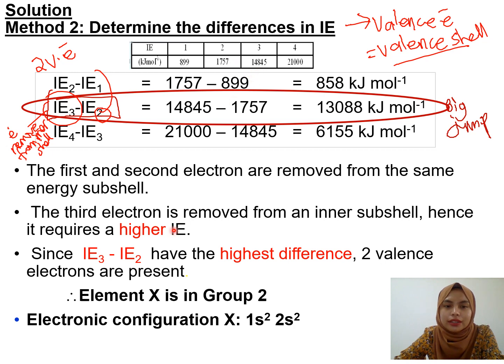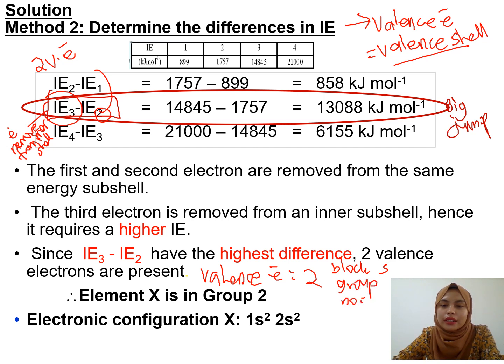Okay. Alright, since IE3 minus IE2 have the highest difference, therefore you will have only two valence electron. Ni Miss dah cakap dah tadi. So element X, since valence electron dia equals to 2. You tahu kan kalau block S kan cakap group number is equals to valence electron.